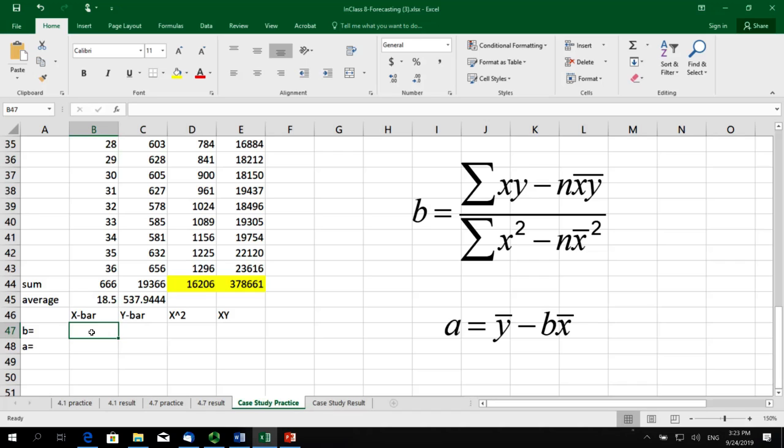So x bar is 18.5, and y bar is 537.9. For x squared, we don't really need this average, so we can leave it blank over here.